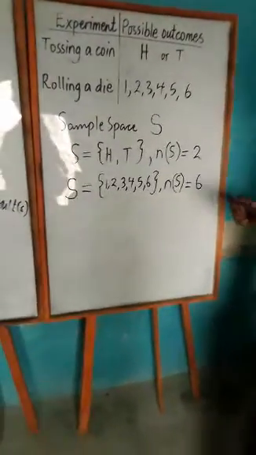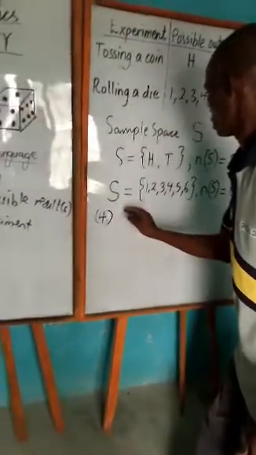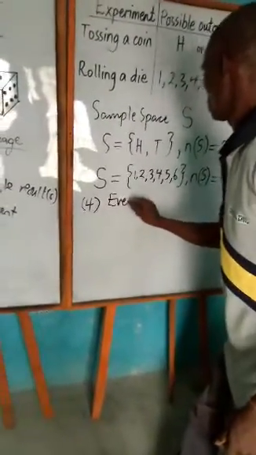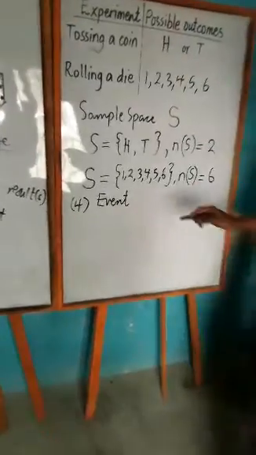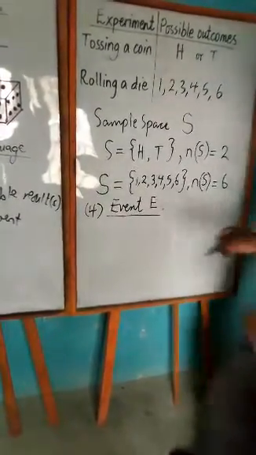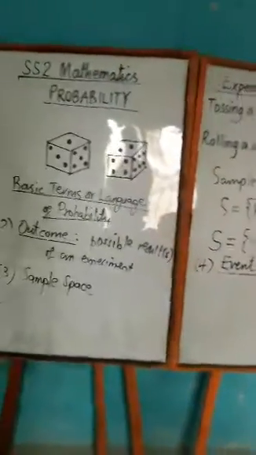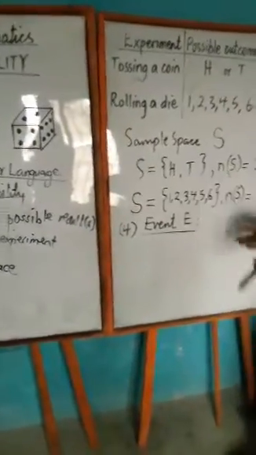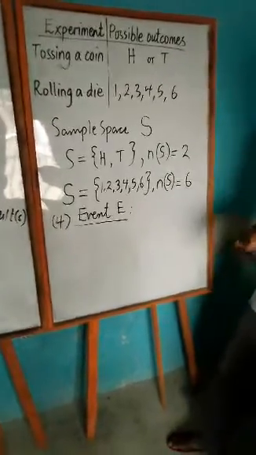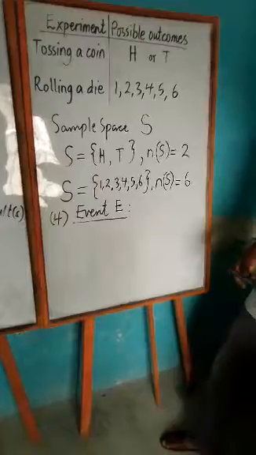Okay, now the fourth one, event. Event is represented with the letter E. An event in probability simply means a part of the sample space, a subset of the sample space.